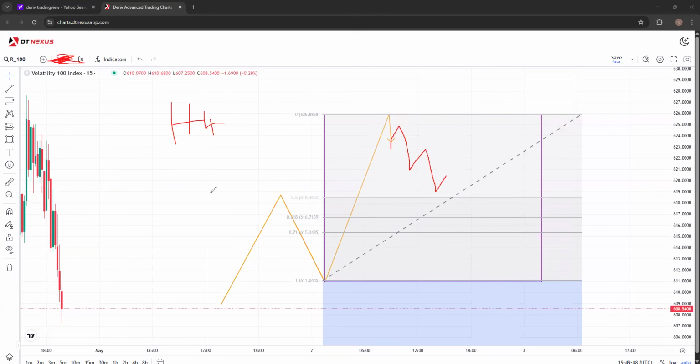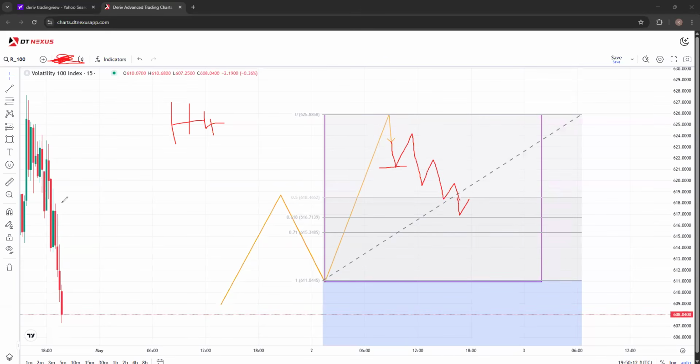So we want to see a proper market structure in our smaller time frames. And what I mean by that is we want to see our smaller time frames giving us a low, a high, a break of structure, a low, a high, a low, a high, a low. Although this is not a break of structure, I think we can see that from here it is a change of character, right? But anyways, it's fine. A low, a high.